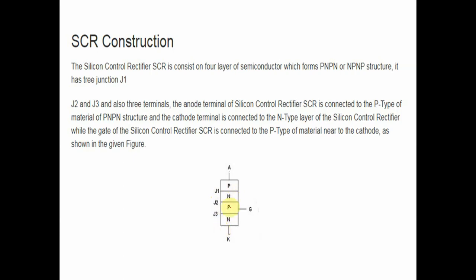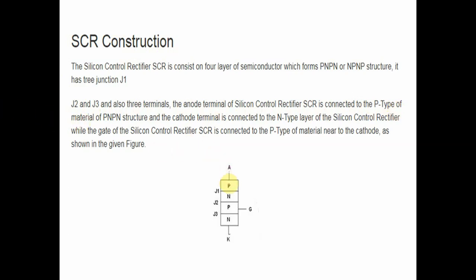Now anode is connected to p-type semiconductor, cathode is connected to n-type semiconductor, and gate is connected to p-type semiconductor. See here, it has three junctions J1, J2 and J3, and also three terminals. Anode terminal of silicon controlled rectifier is connected to p-type material.